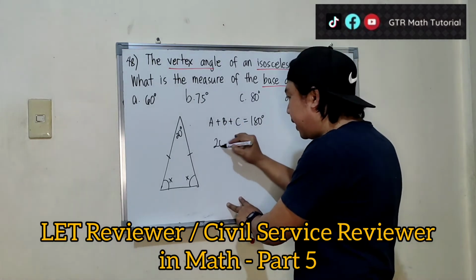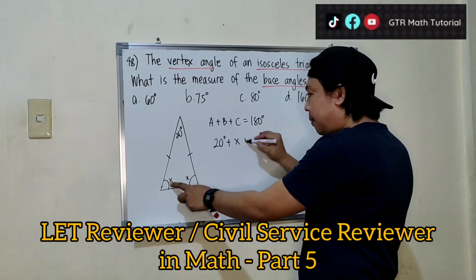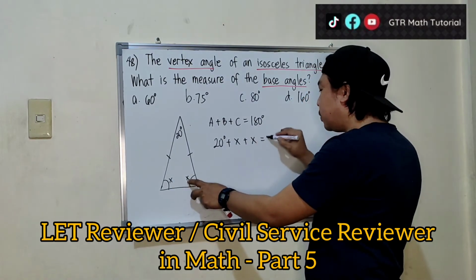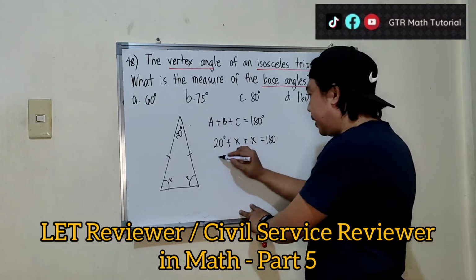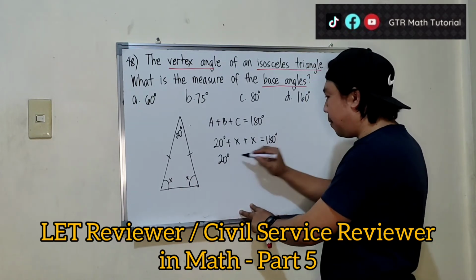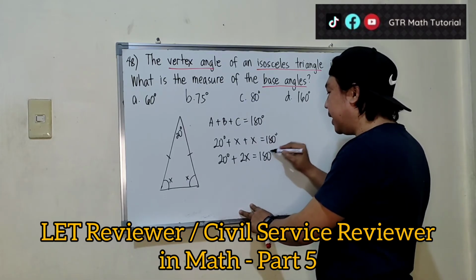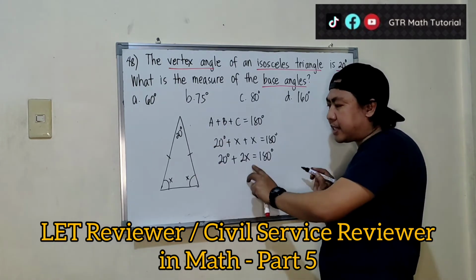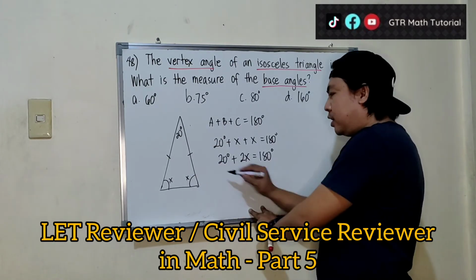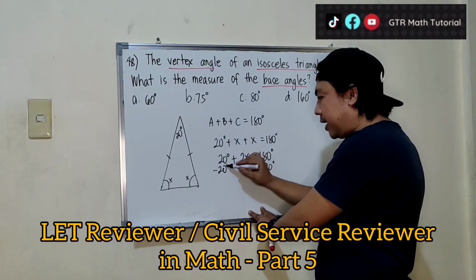So we have 20 degrees plus x plus another x equals 180 degrees. So x are the base angles. So we have 20 degrees plus 2x equals 180 degrees. Solve for x. Kailangan matira sa left side ay x lang. So tanggalin yung 20, subtract 20 to both sides. Okay?